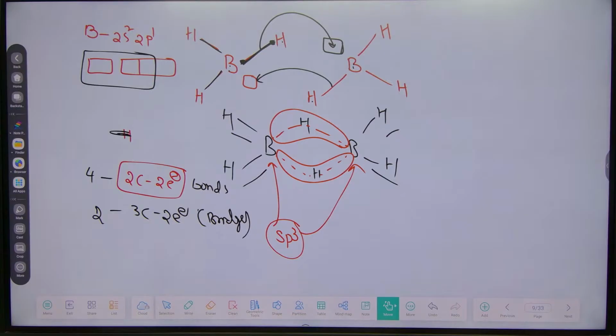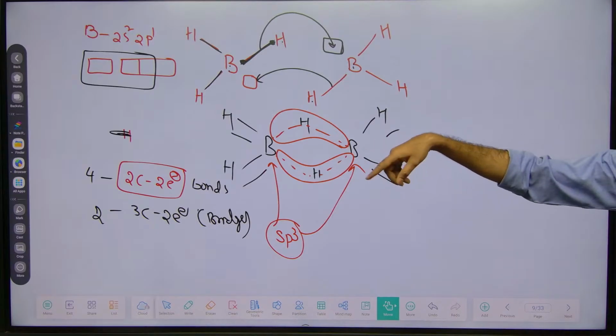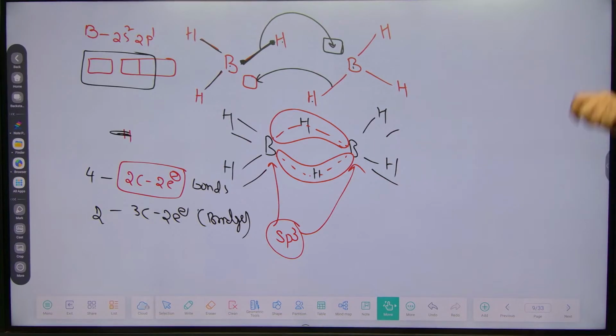Like tetrahedral, is it planar or non-planar? Non-planar. So the structure of this diborane is also non-planar. Bridged hydrogens are above and below, and these terminals will be like this.